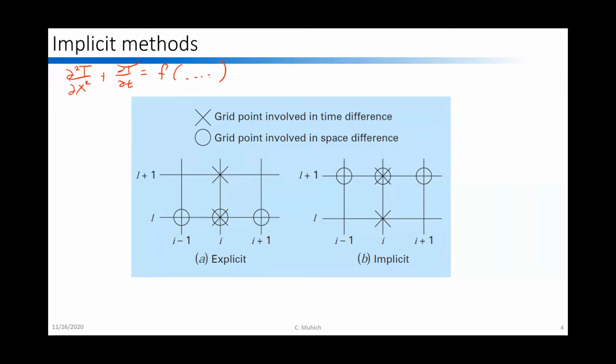Previously, we had talked about solving this initial and boundary condition problem using an explicit method, where we solve for the space dimension, so the boundary value problem on these 3 points, and then we solve for the initial value problem only on these 2 grid points.